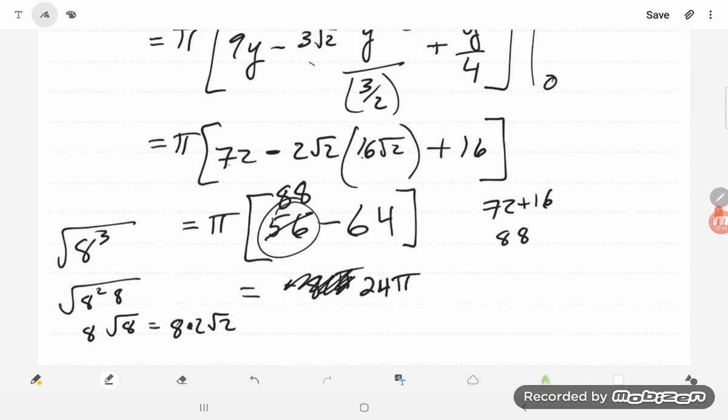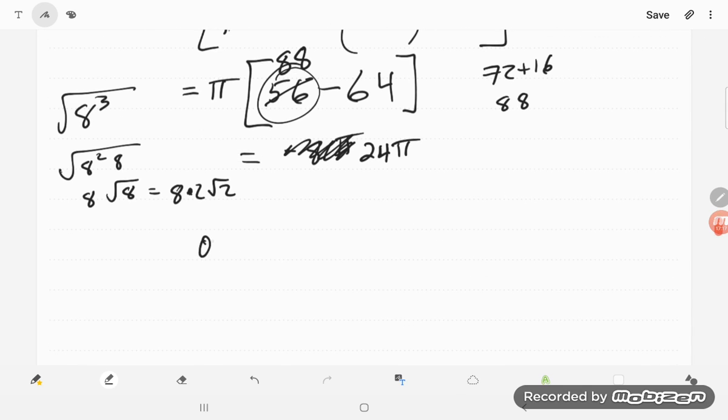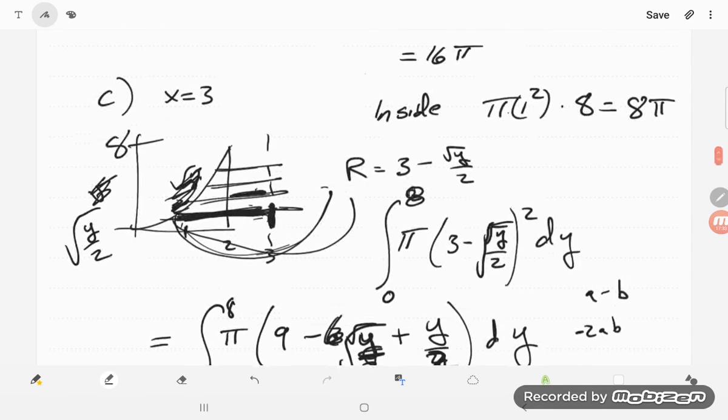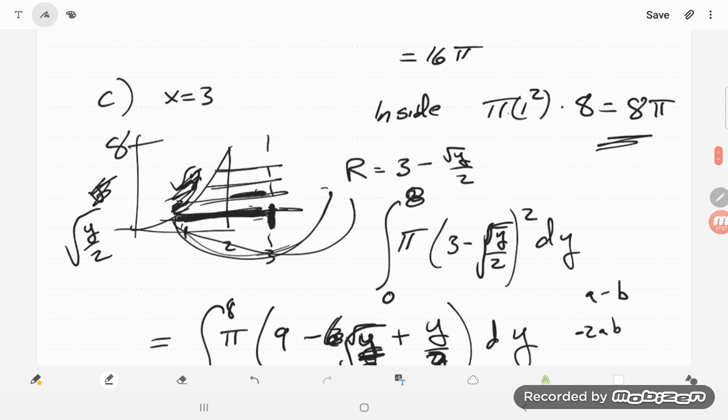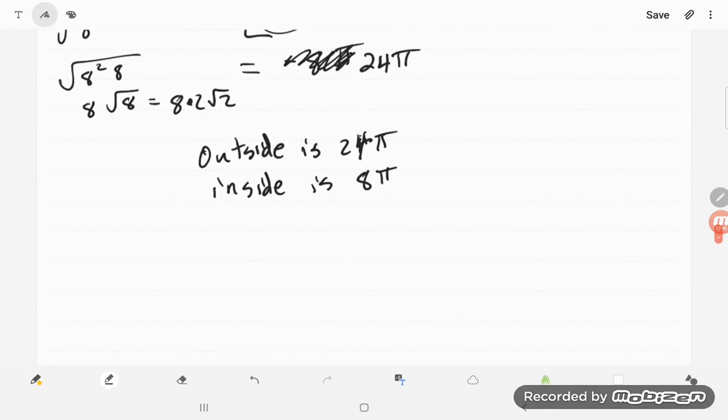So that is the outside. Outside is 24 pi, and the inside is 8 pi, I think. Yep, 8 pi. And so we have 24 pi minus 8 pi, or 16 pi.